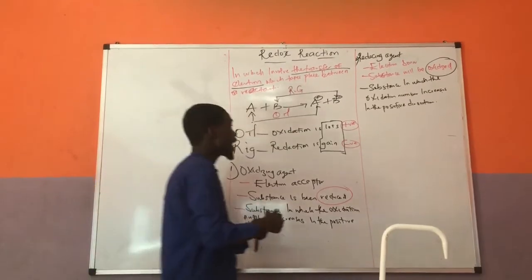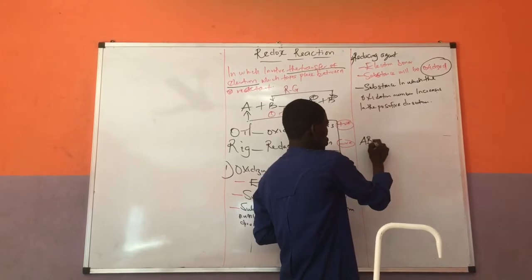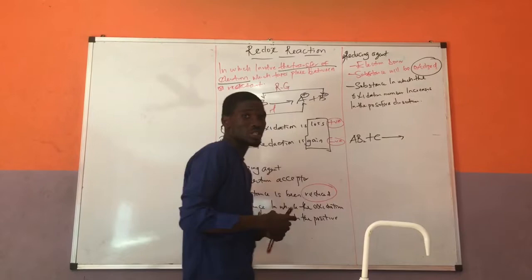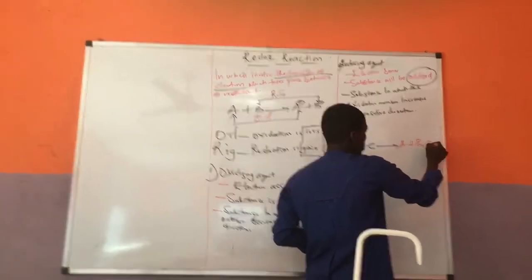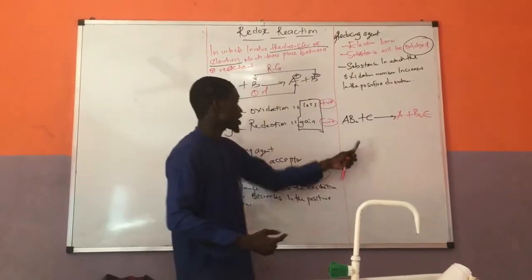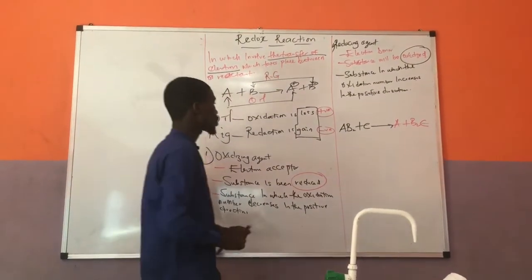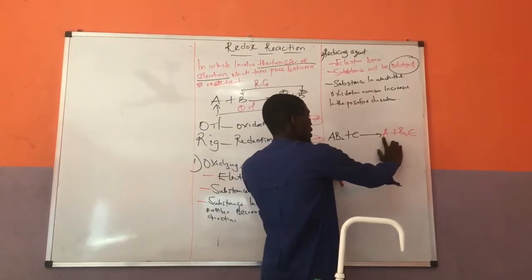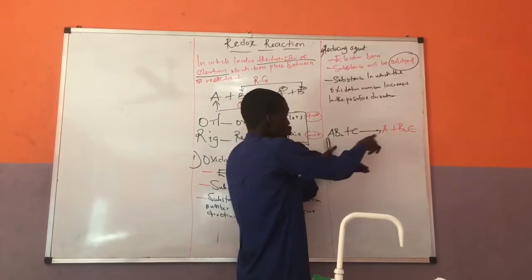So now let me cite this good example now. So now if I have AB2 plus C, moving to this place now, I have A plus B2C. So let's see how truly if we can use this to explain the concept of oxidizing and reducing agents now. So for this AB2 here, are you with me now? So moving to the other side, it is being reduced from AB2 to what?